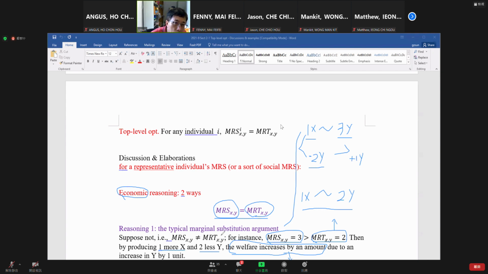Now let me try to get some feedback from you. Did anybody have difficulty following this argument? We have already made use of such arguments a couple of times, with very simple numbers to understand the rather general equation, the general condition. Do you have any difficulty understanding this one?